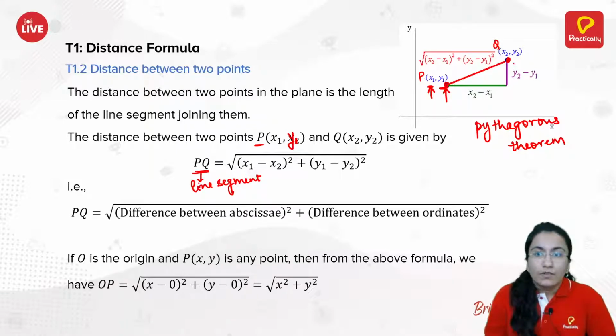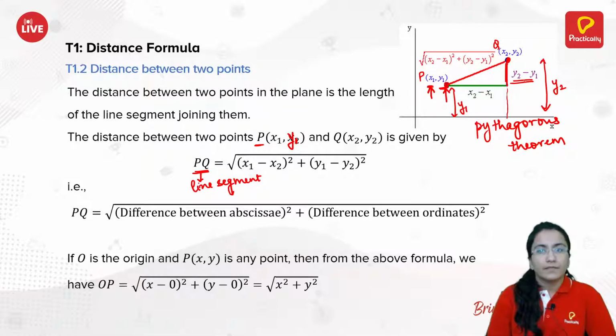This complete length here is y2 and this complete length here is y1. So this much length will definitely be y2 minus y1. Similarly, this length would be x2 minus x1. Just apply the Pythagoras theorem to calculate this hypotenuse.